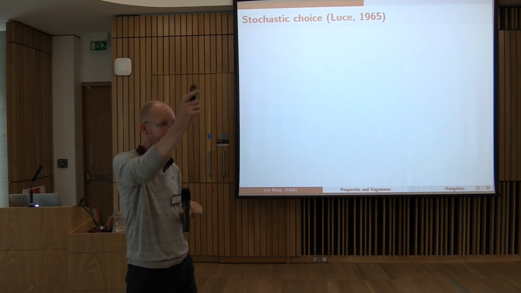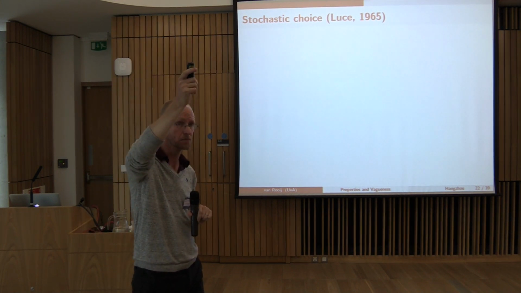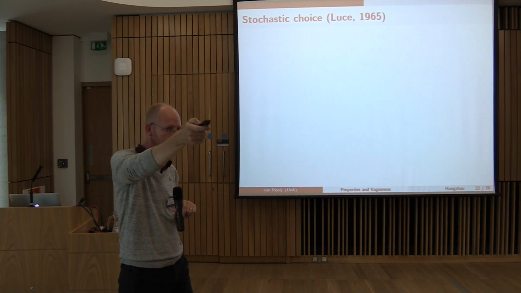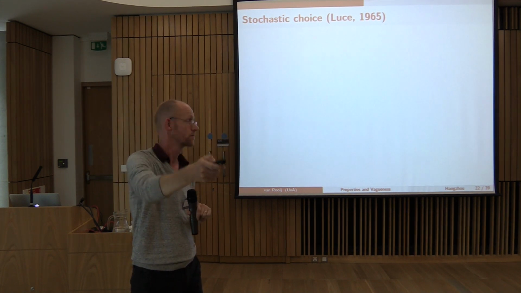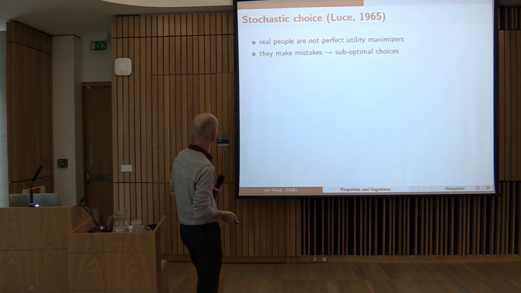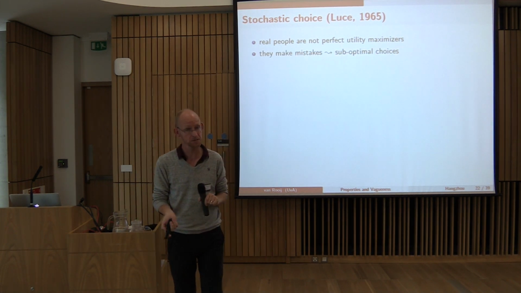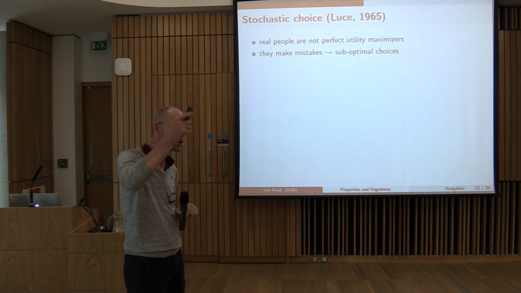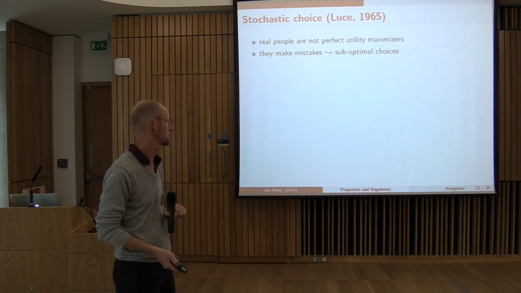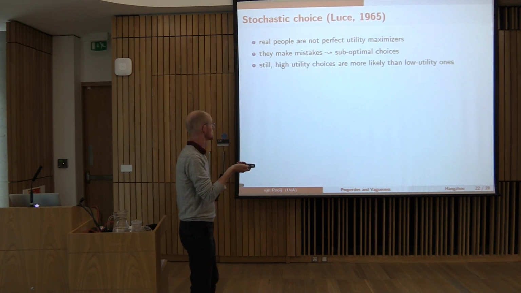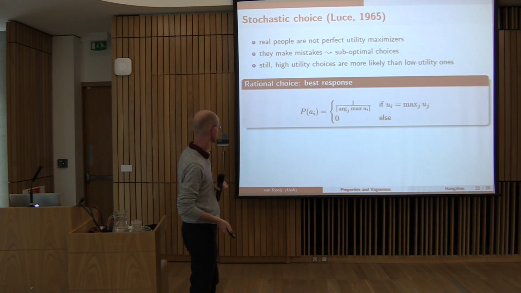They choose the action that has the highest expected utility most of the time, but other actions that are almost equally good, they still choose many of the times. So real people are not perfect utility maximizers. They sometimes make suboptimal choices, and not just at random, but depending on how high the expected utility is. So high utility choices are more likely than low utility ones.